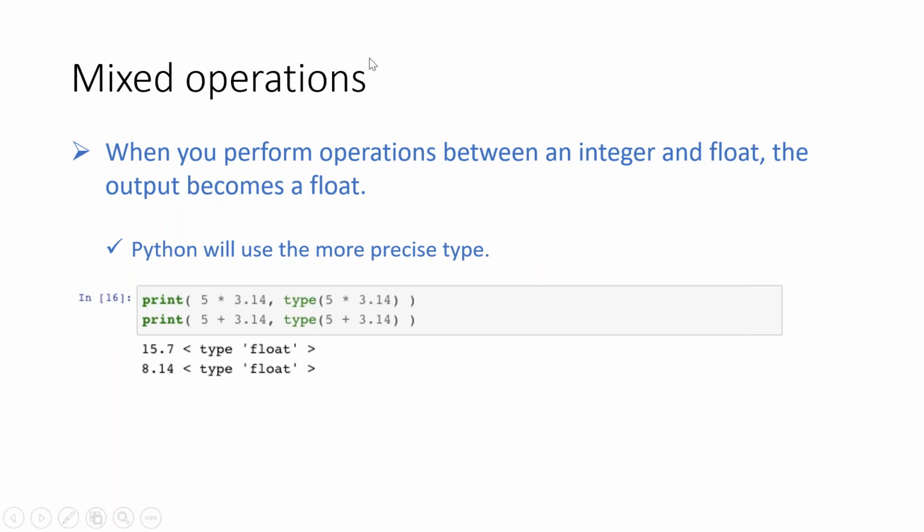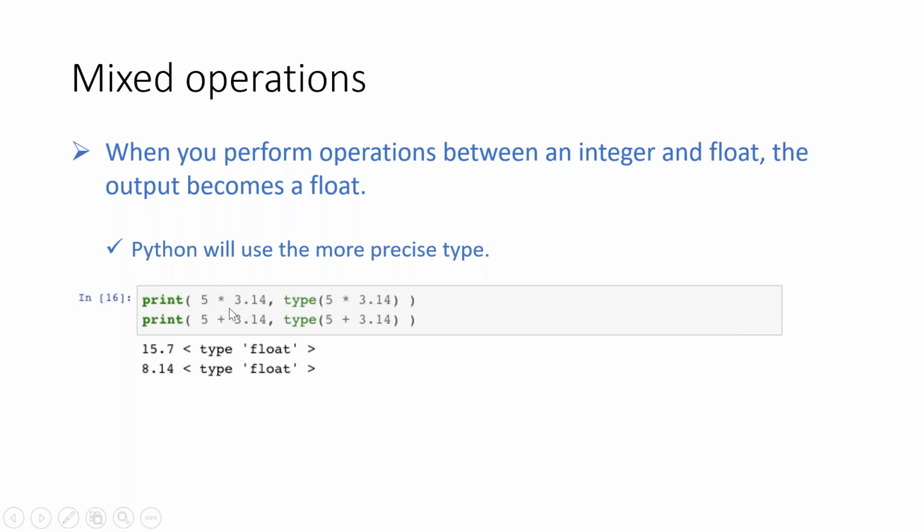Then, operations on different objects. Basically, when you perform operations between an integer and a float, the output always becomes a float. It will always resolve to a higher precision type. Python will use the more precise type. So basically, 5 is an int object.